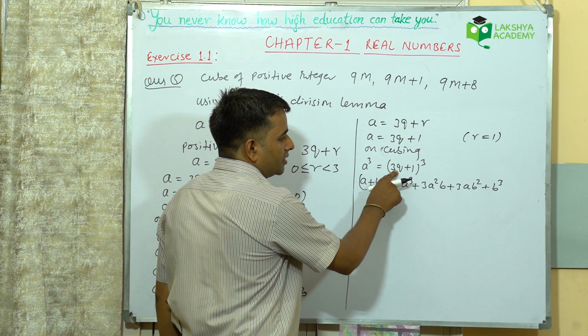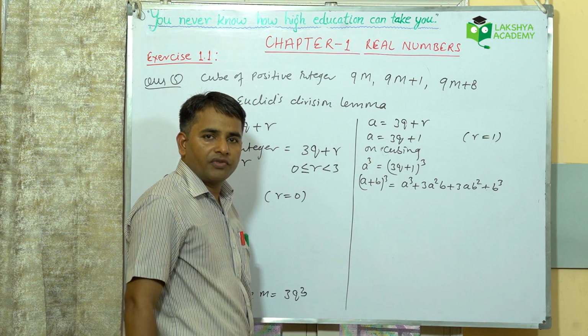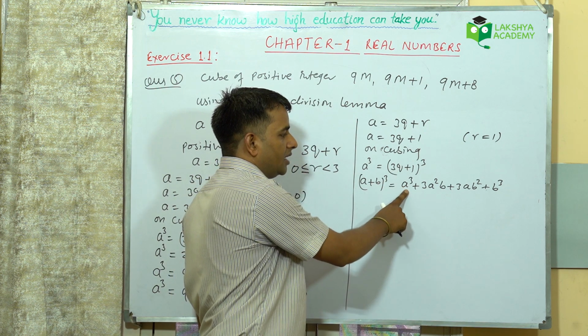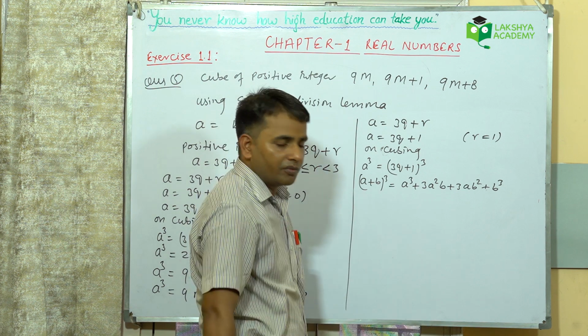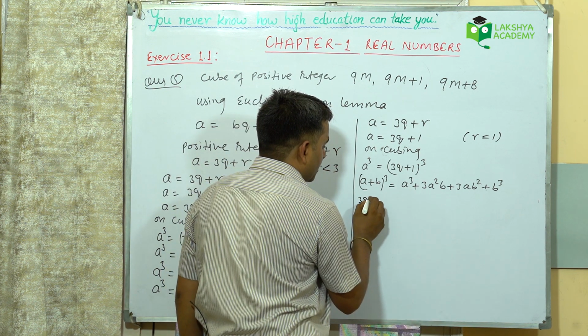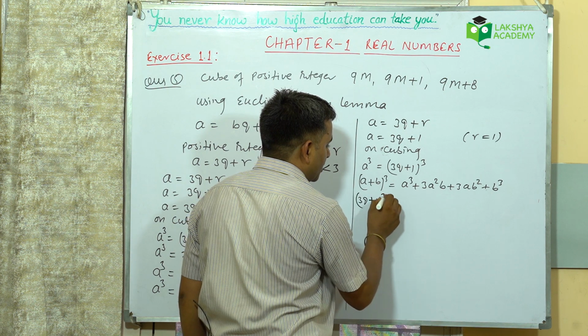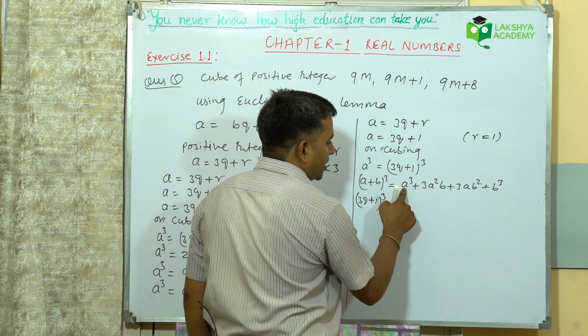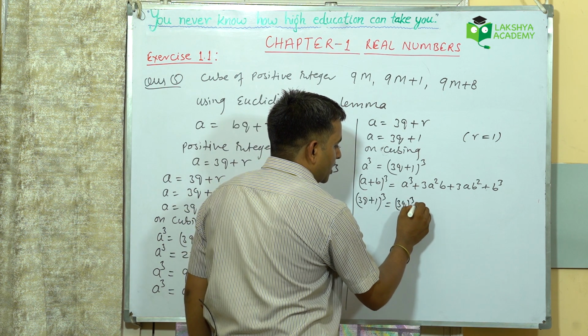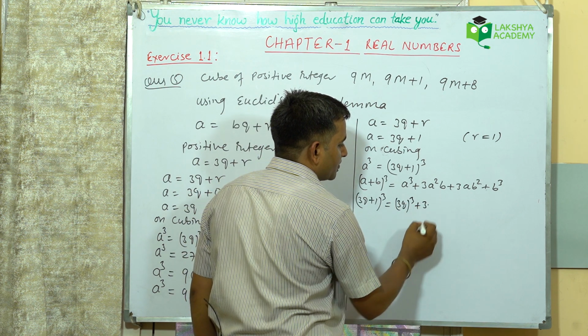Here a is 3q and b is 1. So substituting 3q in place of a and 1 in place of b, we can write 3q plus 1 whole cube. So this will be a cube, putting 3q in place of this: 3q whole cube plus 3 times.